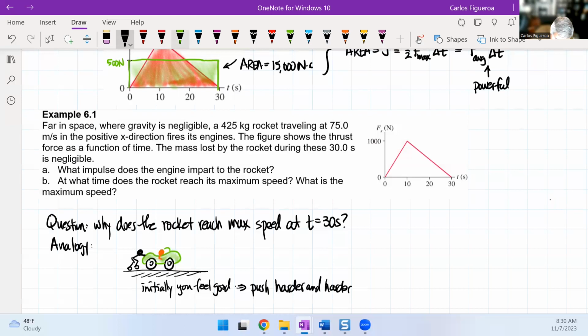So what happens is that this car is starting to speed up. It's getting faster and faster and faster.